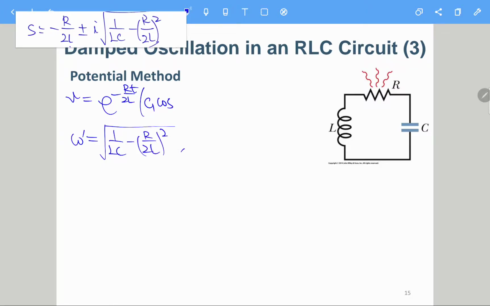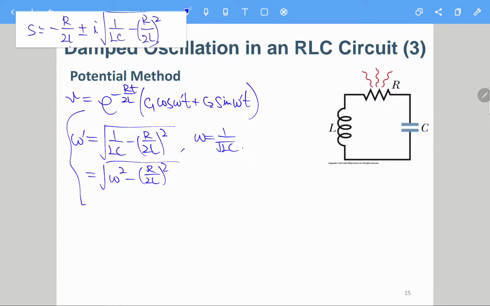And of course, we can also write omega as 1 over the square root of LC, so that omega prime is the square root of omega squared minus (R over 2L) squared. Plus C2 sine omega prime t, something like this. If you still remember how to solve the second order ODE.